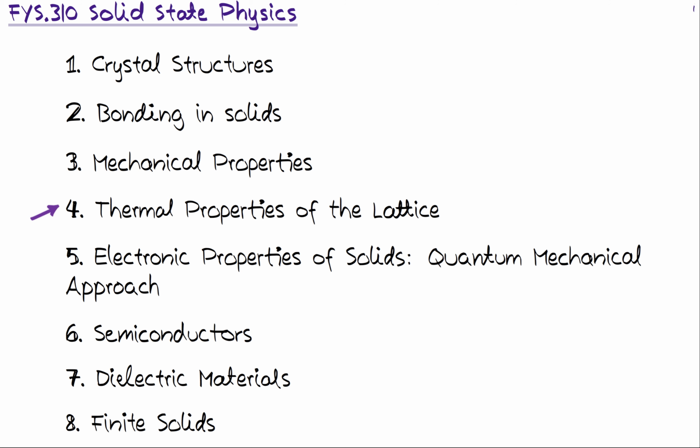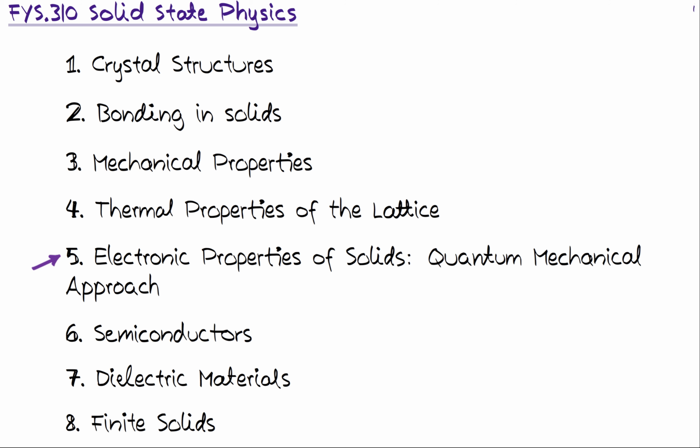And those atomic vibrations, lattice vibrations known as phonons, also affect the thermal properties of the material, like what the heat capacity is, how well it can conduct heat, and how much heat it can absorb while changing its temperature.